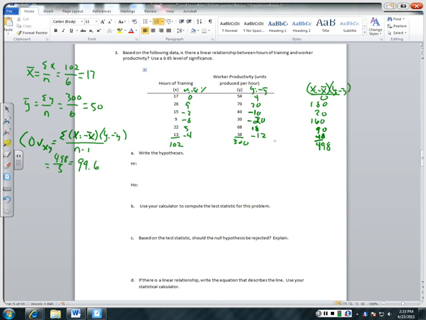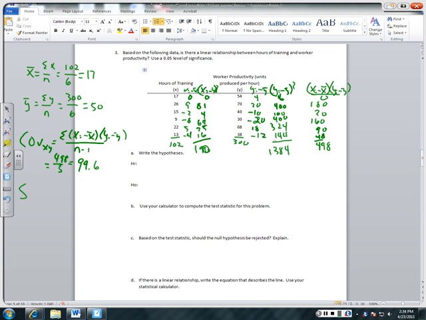Then I'm going to go ahead and get the squared deviations, and of course getting those sums. That's 190.